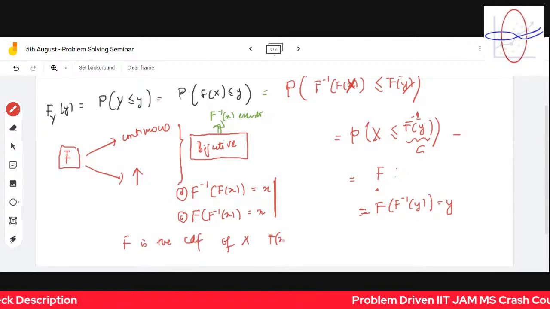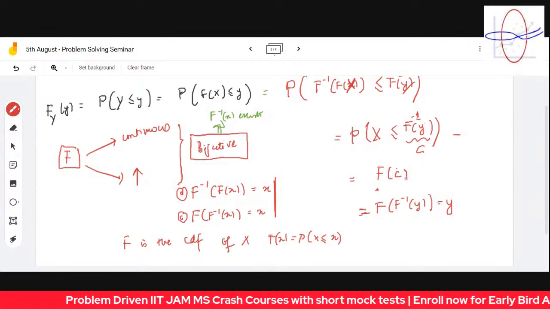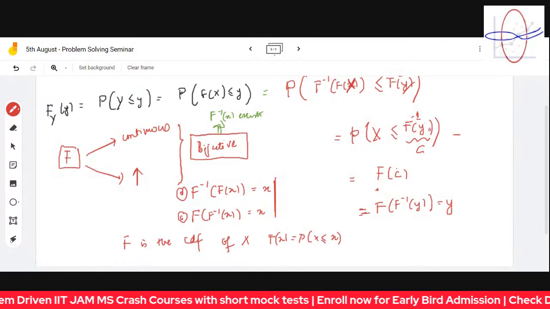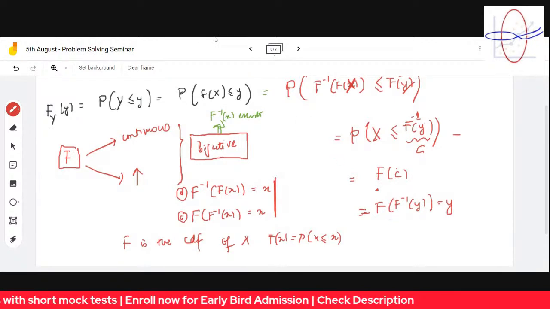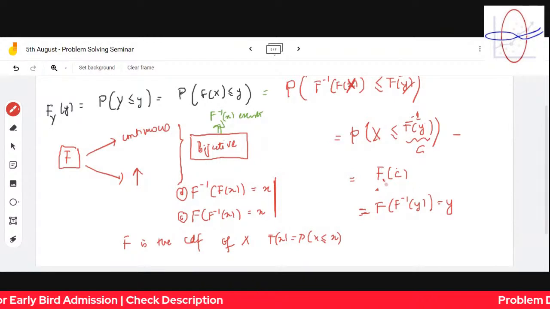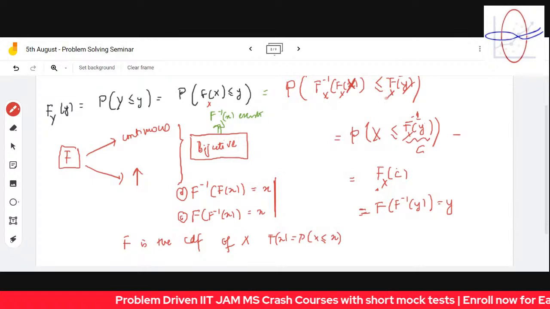So F of x is probability x less than or equal to x. So here it's F of C. Now C is f inverse of y, so we put it over here. This would be F_X of C, right? Yes, you're right, all these F's are F_X of C. And how is it equal to y then?